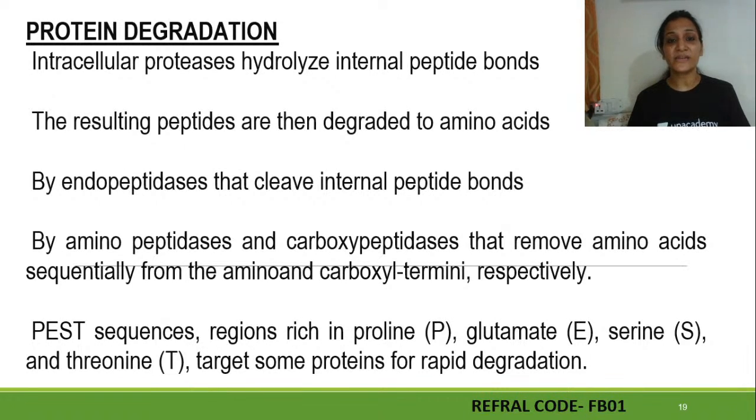So they will identify the misfolded proteins, and when they have identified the misfolded proteins, their final fate is degradation. So let us move to protein degradation only in the case of misfolded proteins, right?